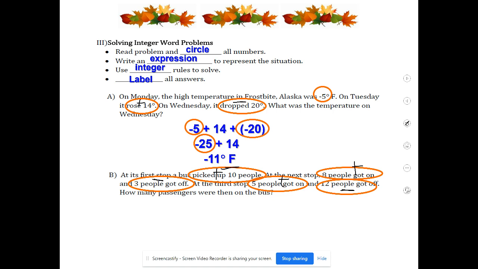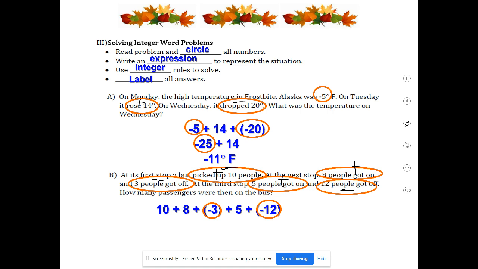We have 10 because it's positive, plus 8 because that one's positive, plus a negative 3 because got off is negative, plus 5 because they got on, and then 12 got off, that's negative, so plus a negative 12. Now I'm going to combine my negatives and my positives. I have a negative 3 and a negative 12, that's going to give me negative 15.